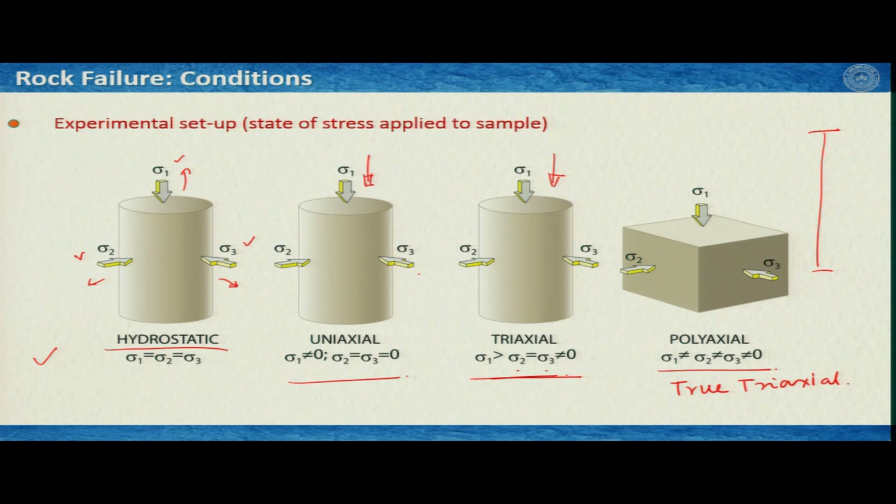One can work on biaxial and so on, but these are the standard processes. We generally use cylindrical samples for some special advantages in preparation, but for true triaxial or polyaxial we mostly use samples of cube or parallelepiped shapes.